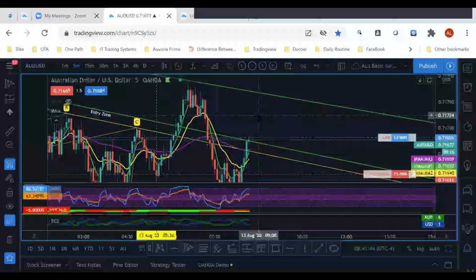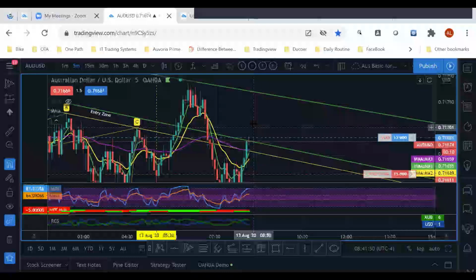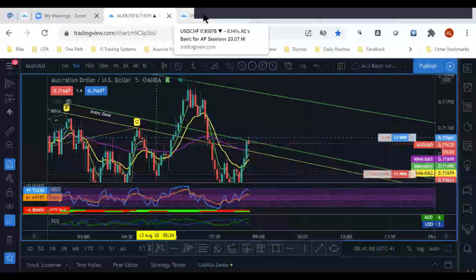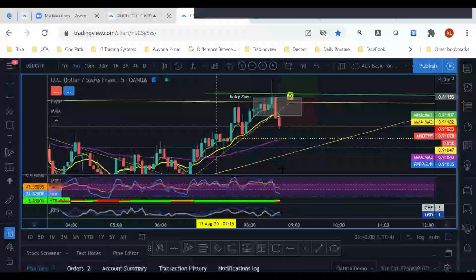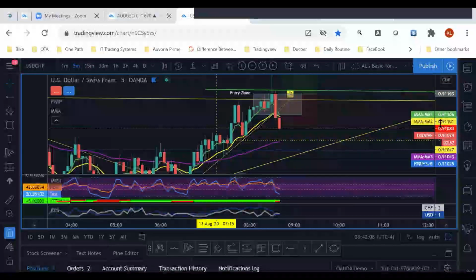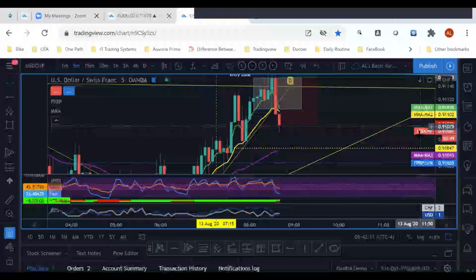And we still have to wait and see. Right now, it looks like it wants to break up. Take a look at our Swiss, see what it's doing. It's still inside the wedge, but maybe we may get stopped out on this one. But we did get stopped.